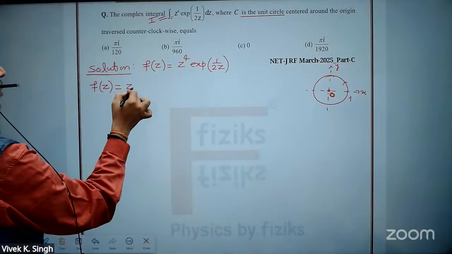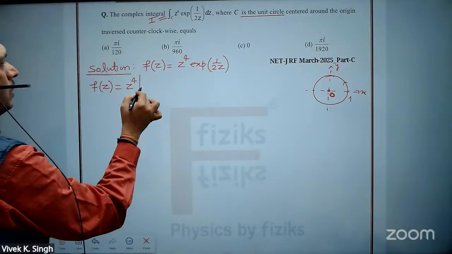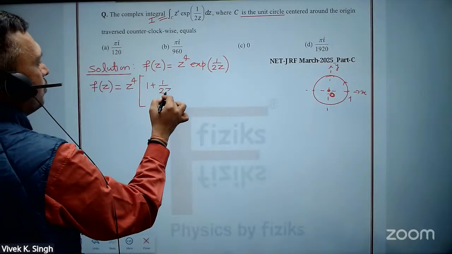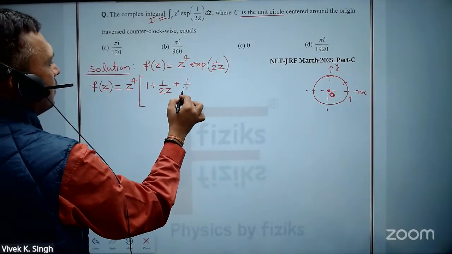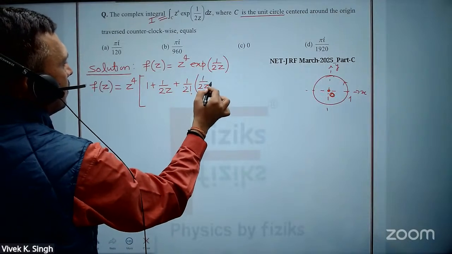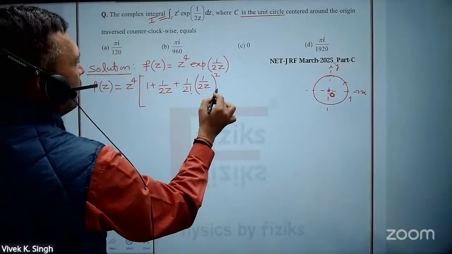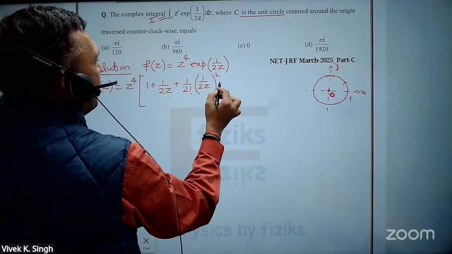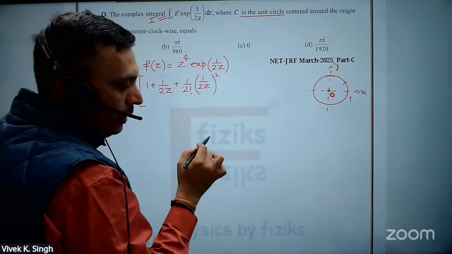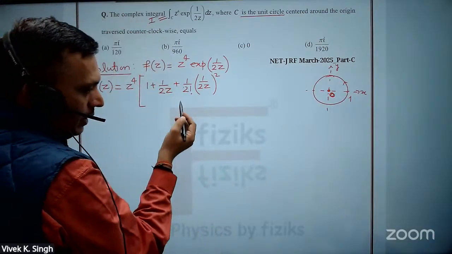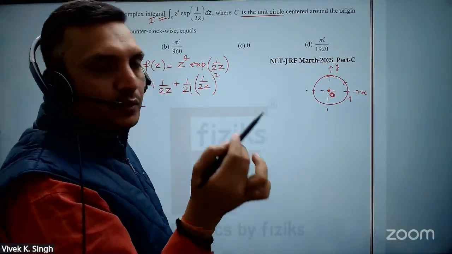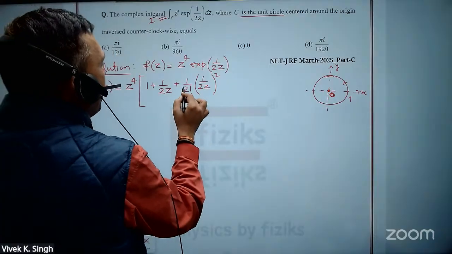This will be z power 4 into 1 plus 1 by 2z whole square. We have to see at what point there is a singularity and then what will be the residue at that point.